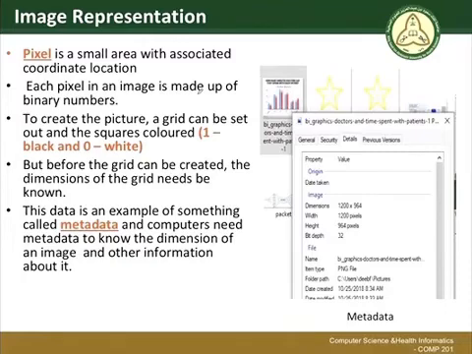So the dimension of the grid is an example of something we call metadata. And metadata is a word to represent data about the data. It's information that we want to know about the data. So for the computer to create an image, it needs some data, and one of this metadata is the dimension.